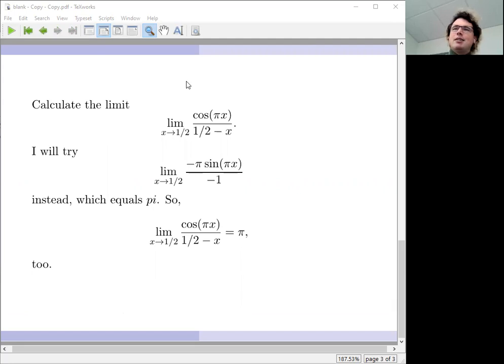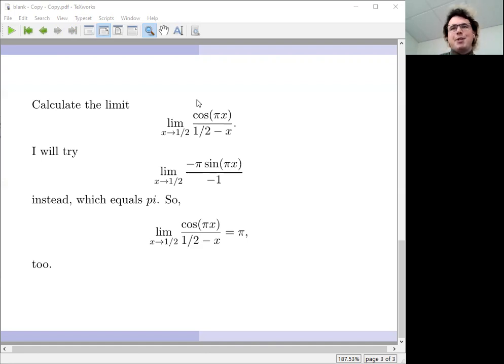problem again. My limit is the limit as x goes to 1/2 of the cosine of pi x, all over 1/2 minus x.